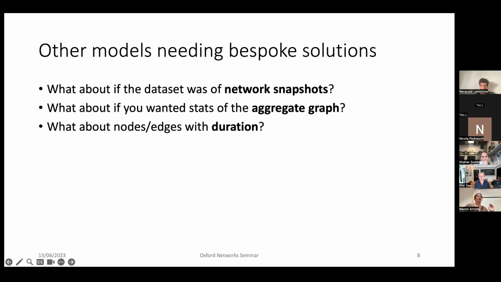There are also cases where you have nodes and edges with duration, something like a contact network or transport network. And if you're rolling your own solution for these, it can get quite faffy, and you have to maybe rewrite a whole different piece of code for a new data set rather than just modifying it slightly.